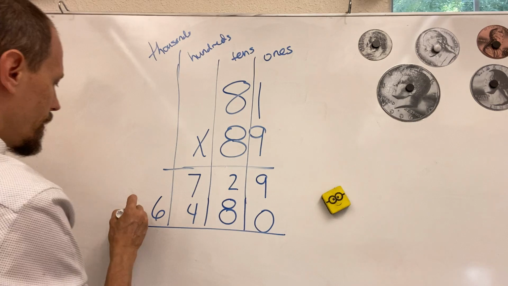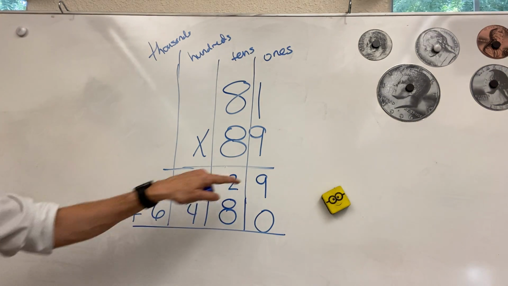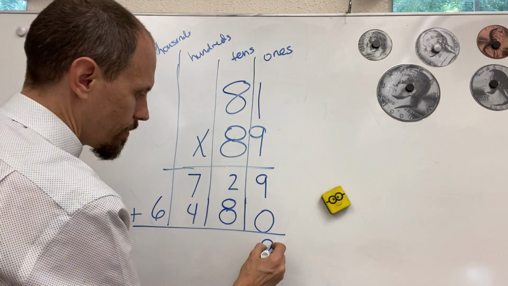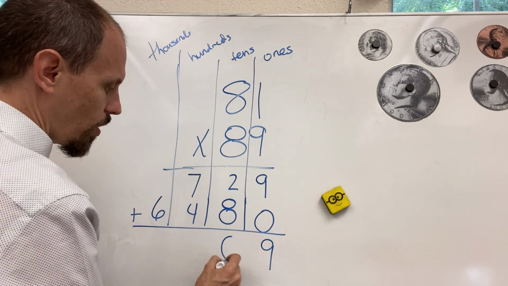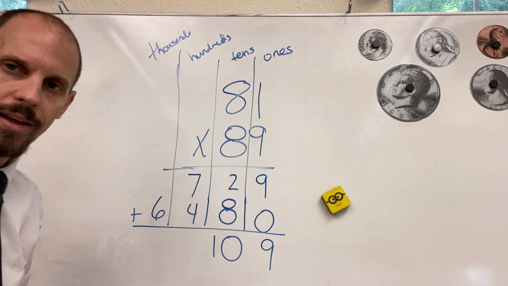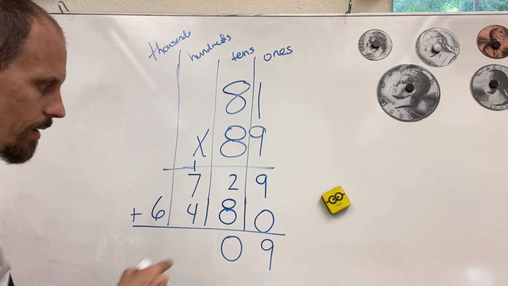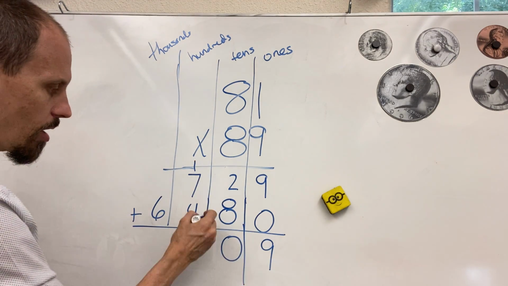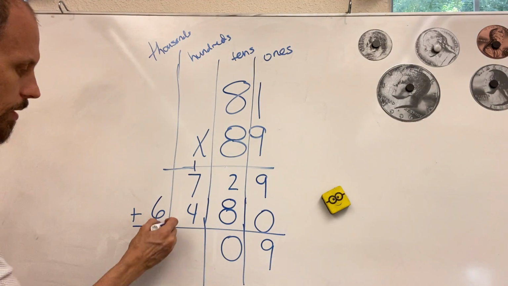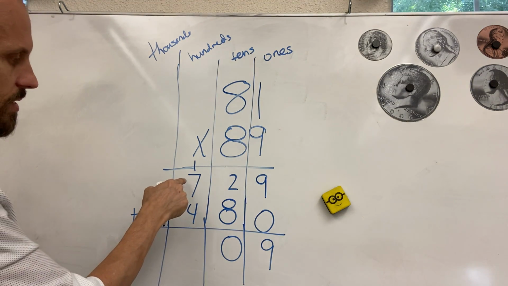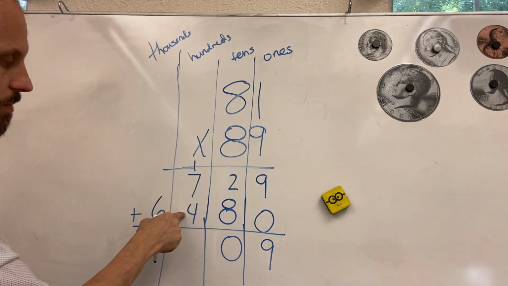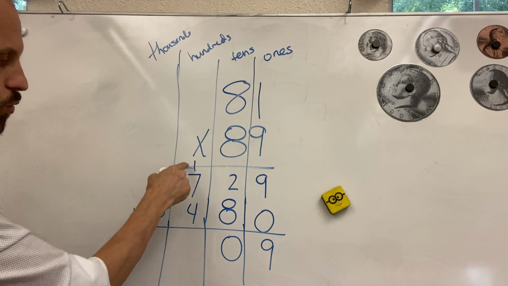Then we draw a line under it, and we're going to add it. 9 plus 0 is 9. 8 plus 2 is 10. Do we put our 10 here like this? Of course not. We're going to carry that 1 up here. Because see, we stay in our columns, one number per column, right? 7 plus 4 is 11, plus 1 is 12.